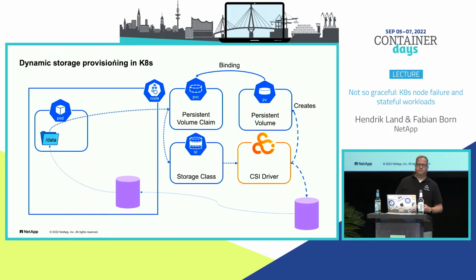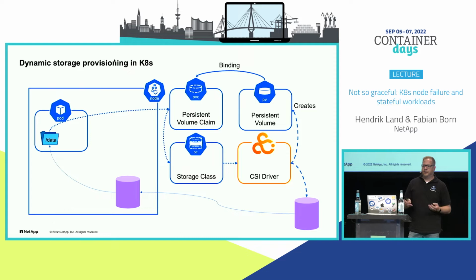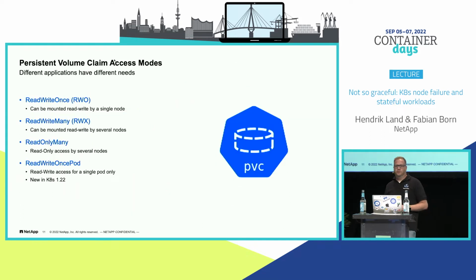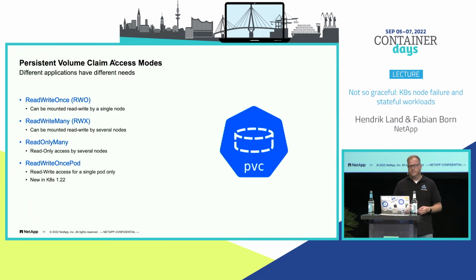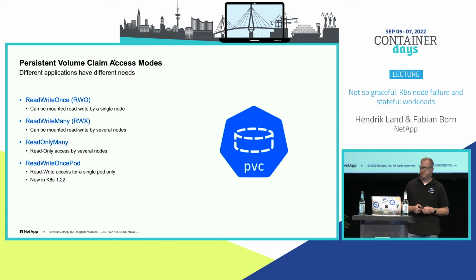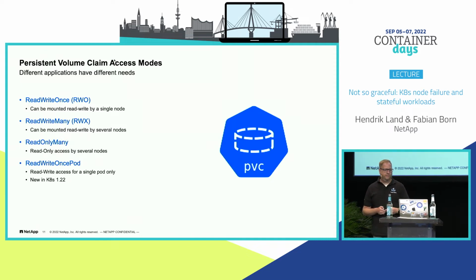If the volume has been created, the volume will be mounted to the pod, and the application can have access to the volume. Which kind of access modes do we have? In the classic world you know some access modes, and it's the same in the Kubernetes world. We have read-write-once, which means you can mount a volume read-write to one node.